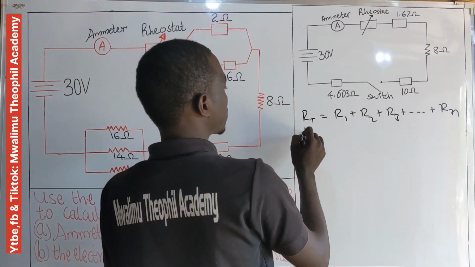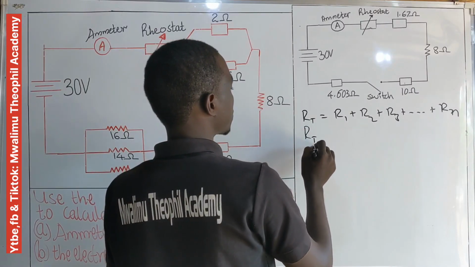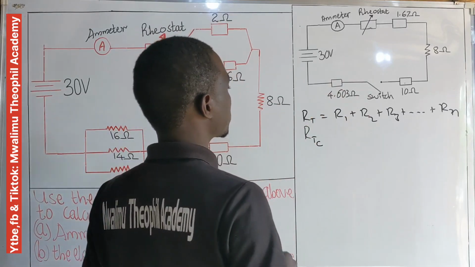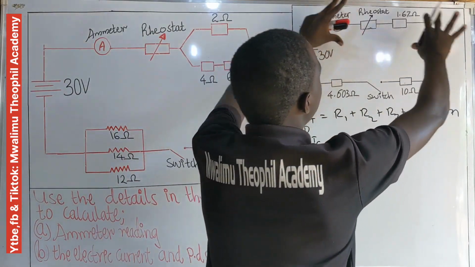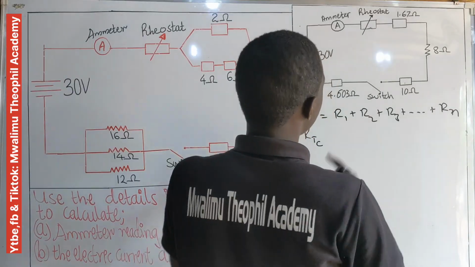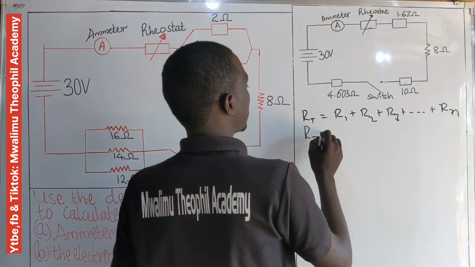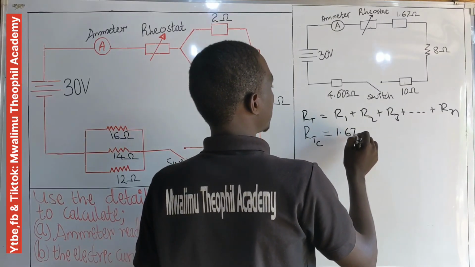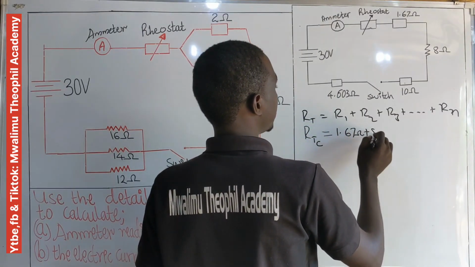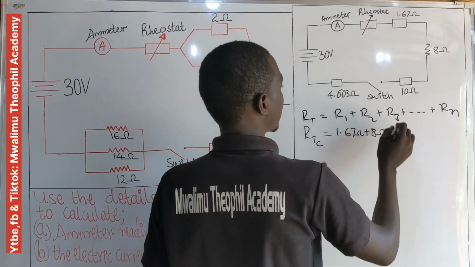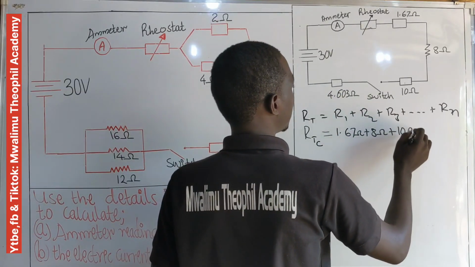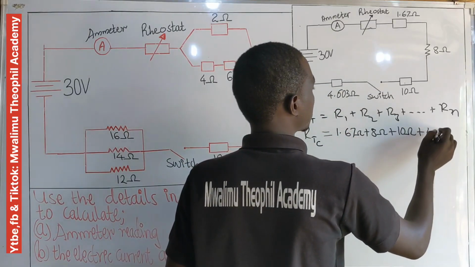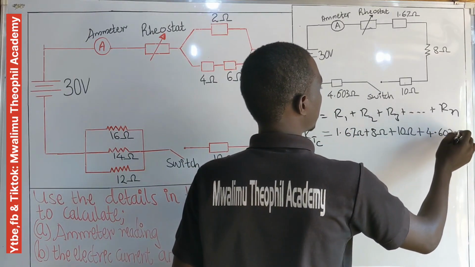Now let's call it R total C, meaning the total resistance for the whole circuit. So we are going to have R1, which is 1.67 ohm, plus R2, which is 8 ohm, plus R3, which is 10 ohm, plus R4, which is 4.603 ohm.